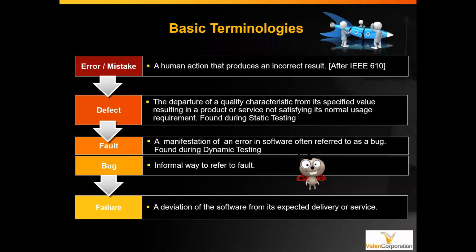All right, so now that we have some foundations explanation done already, let's talk about what is an error or mistake. Error and mistake are the same thing, okay? And what it means is a human action that produces an incorrect result. So with my interaction, an incorrect result is produced, that's an error or mistake I made.